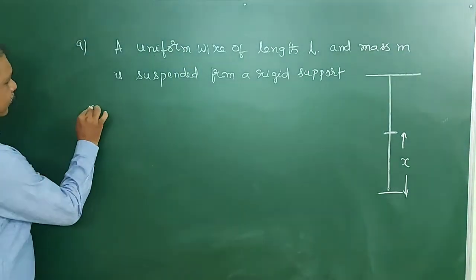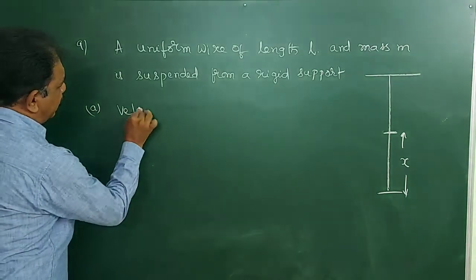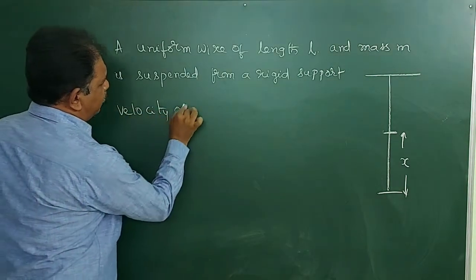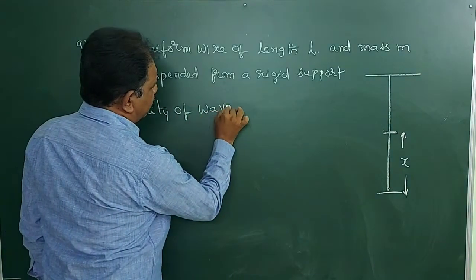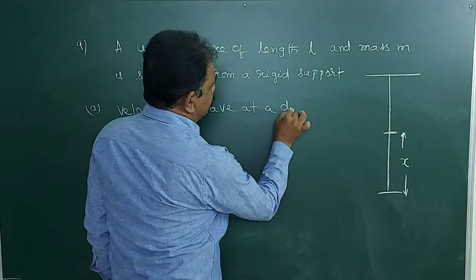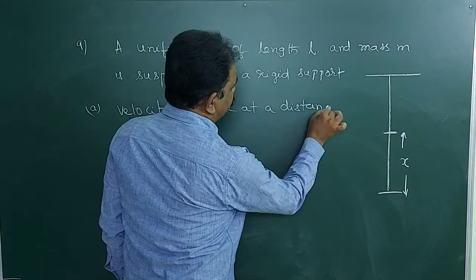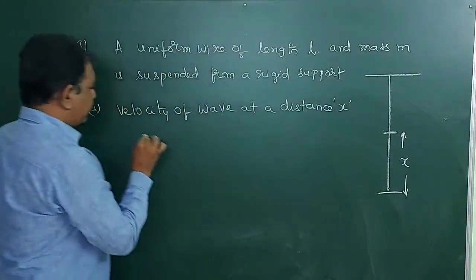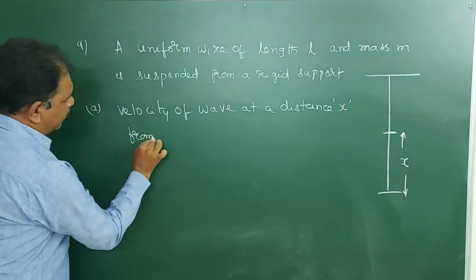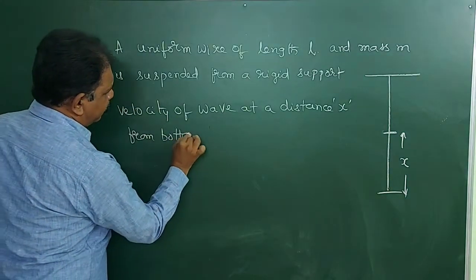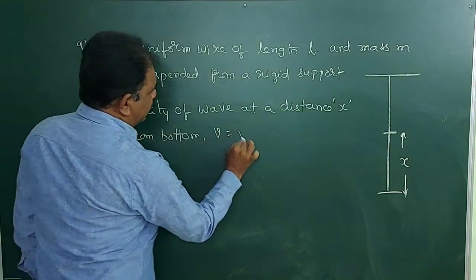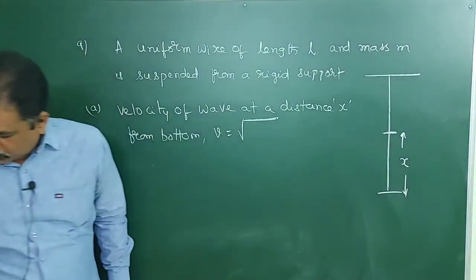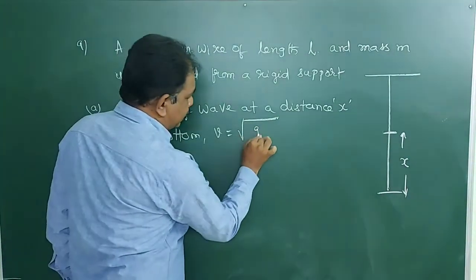Velocity of wave at a distance x from the bottom: V is equal to square root of gx.